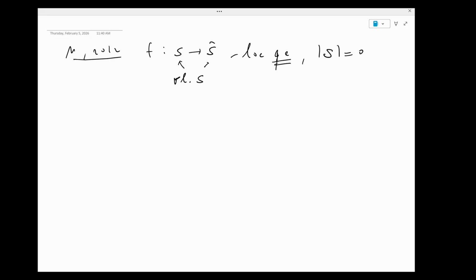Now, I proved, this was the first paper in 2012, that if you have a quasi-conformal or even locally quasi-conformal map between relative Schottky sets, whatever that means, the quasi-conformality constant can get worse as you get close to the boundary of the domain, and if we assume that S has measure 0, then F is a Schottky map.